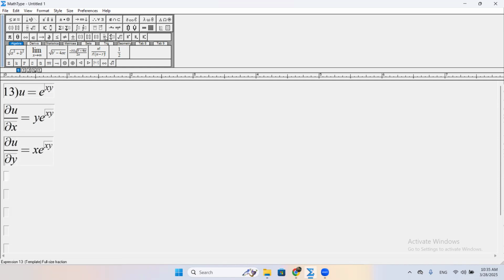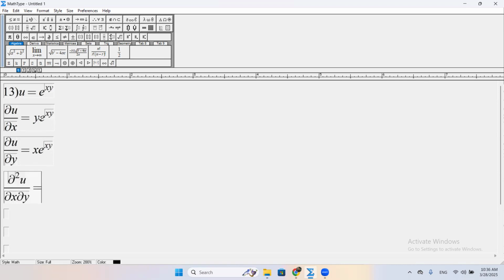Now let's find second derivatives, and I recommend you first find mixed derivatives, and if you see that mixed derivatives are equal, it means that first derivatives are calculated correctly.